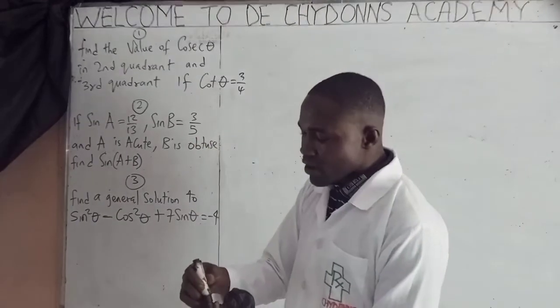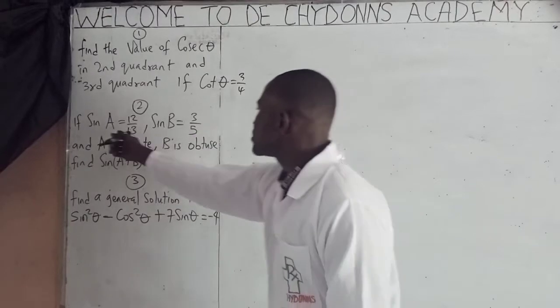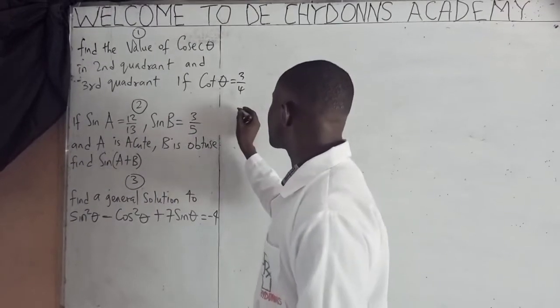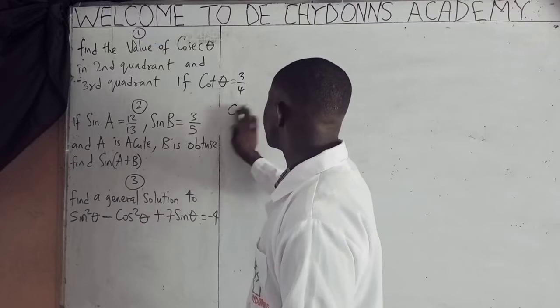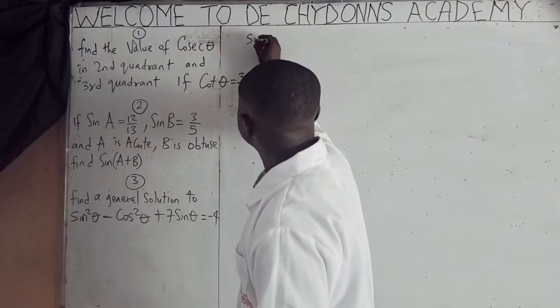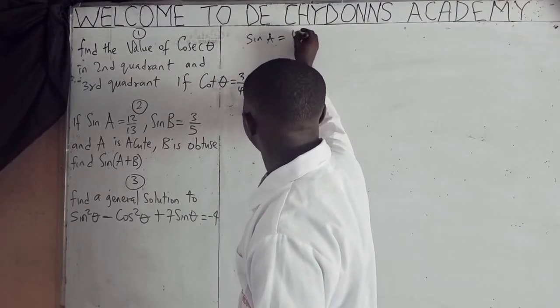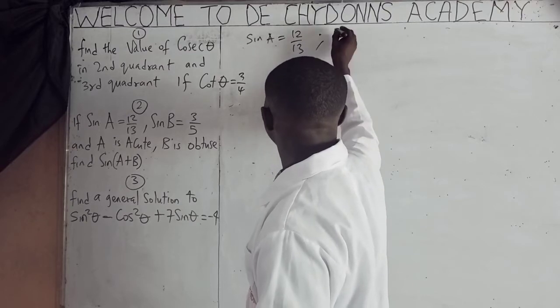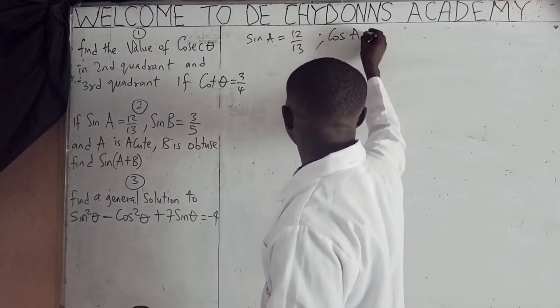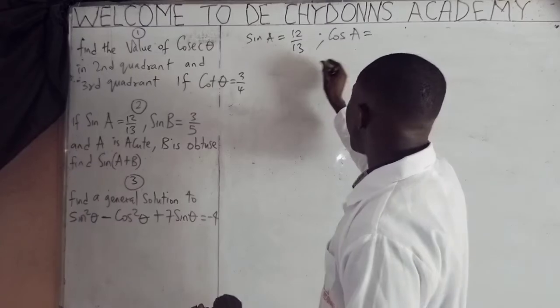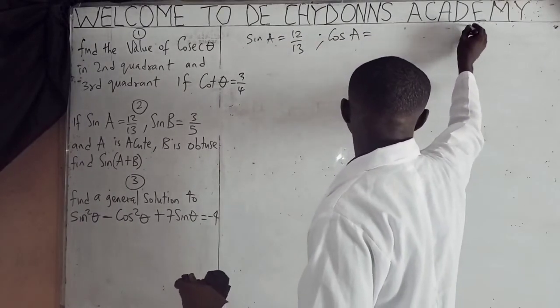So what we do now is that we say, let us get cos A. Since sine A is equal to 12 over 13, what will be cos A? I will locate my triangle.